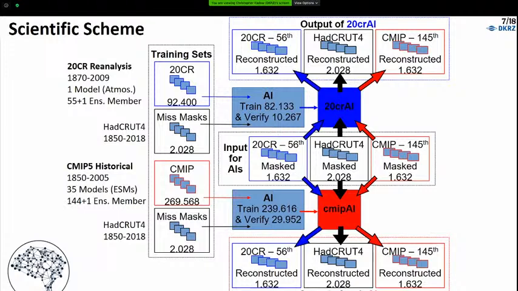I see. That's quite okay. So that's an important distinction for the 20CR. The data that's forcing it, the sea surface temperature data, is this at all similar to the HadCRUT4 data that you ultimately want to predict? Yeah, it's not the same, but it's similar.